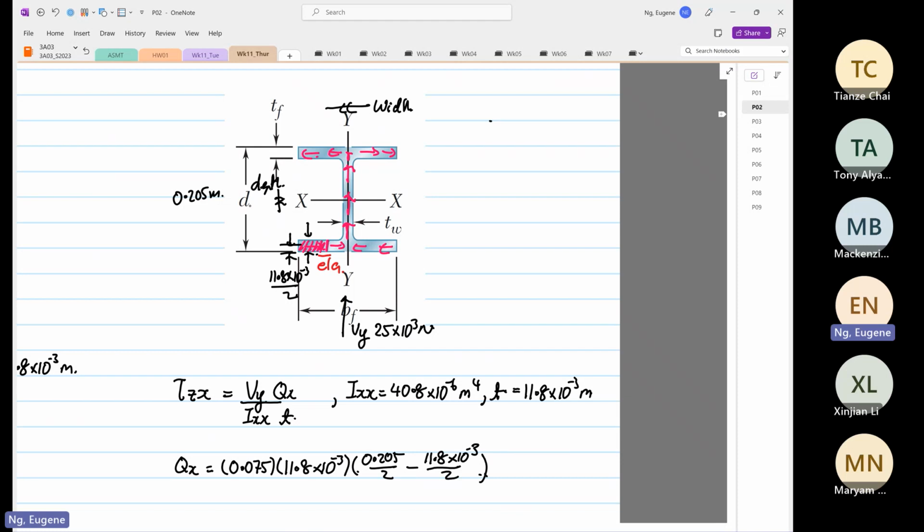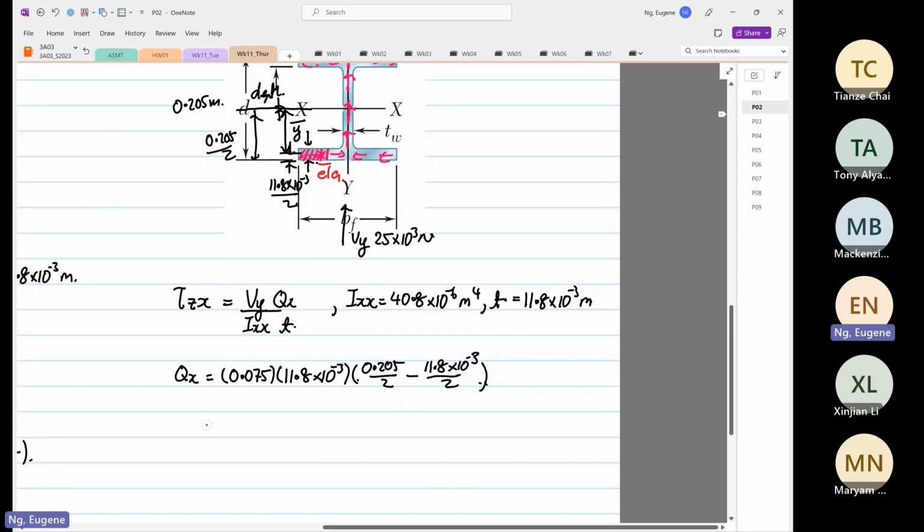And then the distance from here to here is 0.205 divided by 2. So in fact, this distance that I'm drawing now is your y bar.